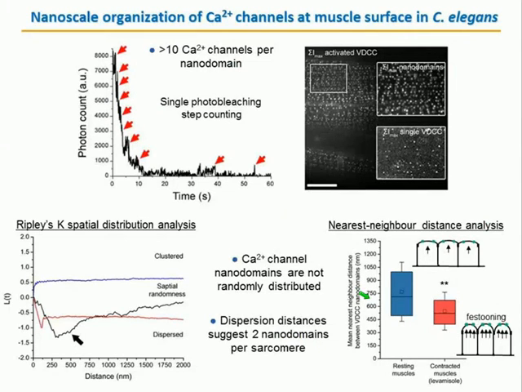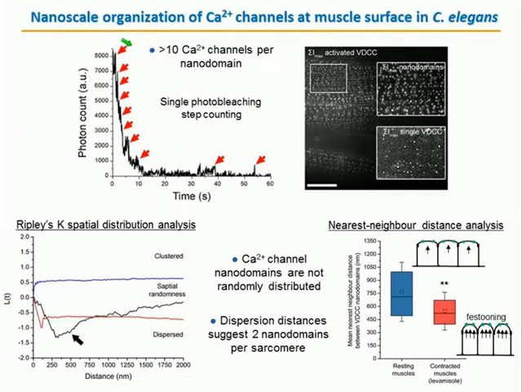And then to finish, I'd like to show you that, as Stephen presented earlier, you can use all the tricks in the book from single molecule imaging to quantify the number of proteins per domain by single molecule counting.